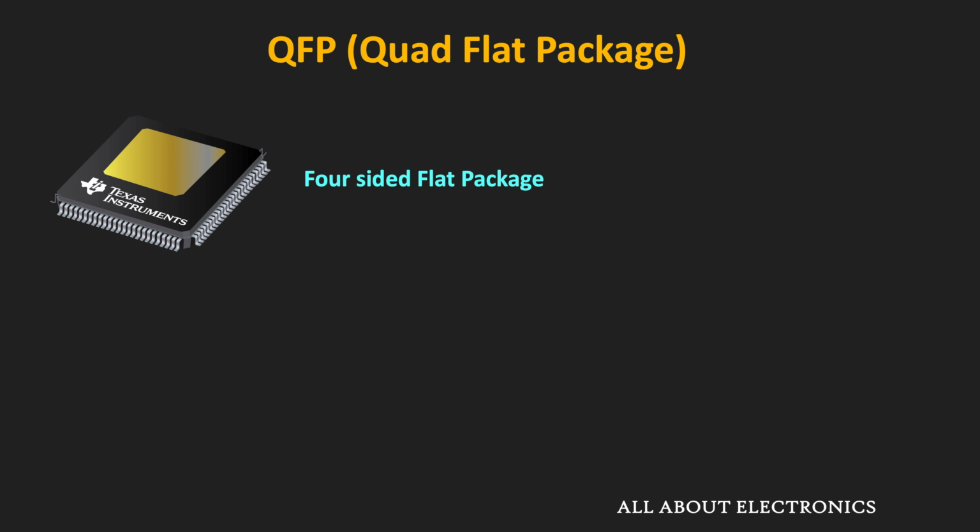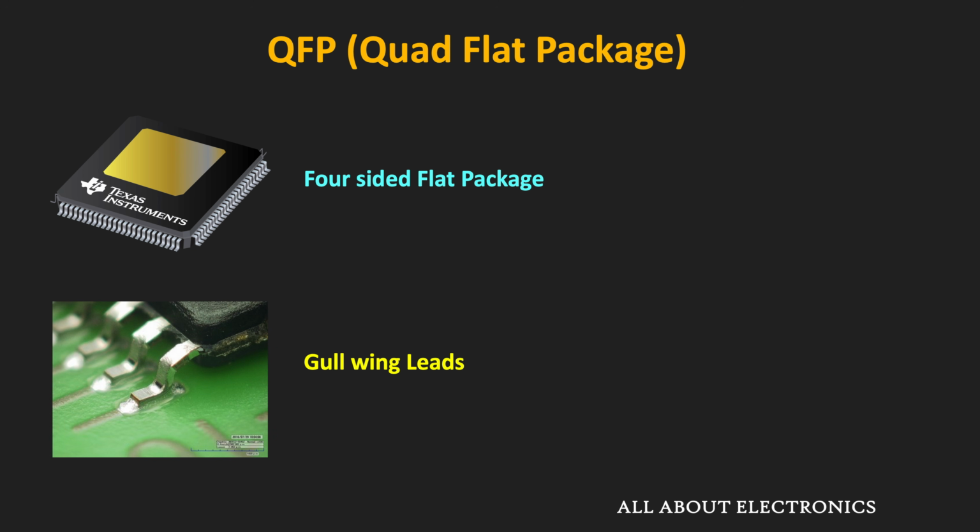That means in this package, the leads are there on all four sides of the package. And similar to the SOIC package, this package is also using gullwing kind of leads. For this package, the pin count ranges from 64 pins to 256 pins. And this package is typically used for microcontrollers, DSPs as well as ASICs.